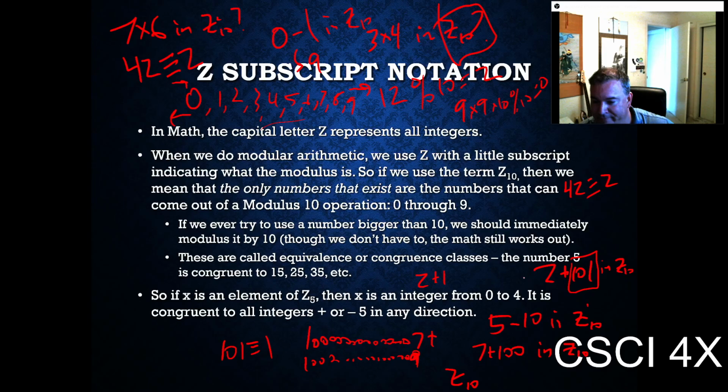So 1 million billion trillion and 7 is congruent to 7. 1 million billion trillion and 9 is congruent to 9. 7 plus 9 is 16. 16 is congruent to 6. You just modulus by 10. And so the answer is 6.